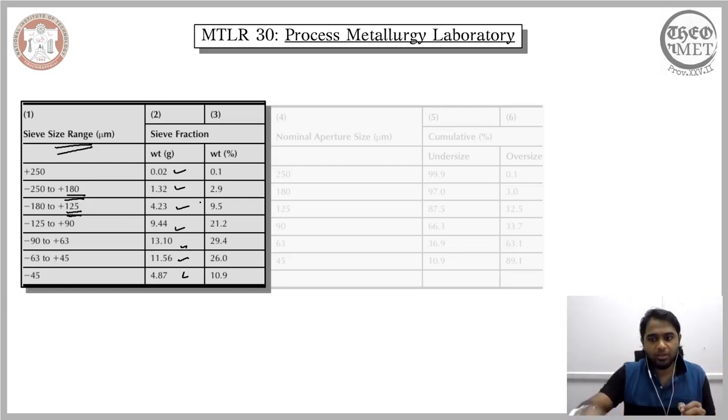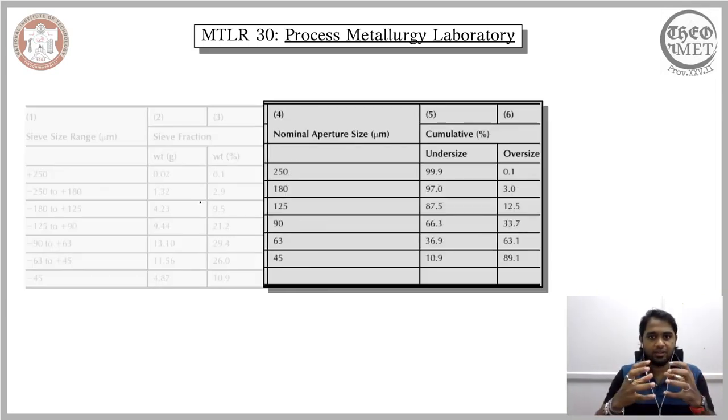Another way of doing it is, instead of considering the size range of possible fragments in a mixture, we could consider directly the size of the aperture alone, and then we can say what is the percentage of the particles that are held by each of these sieves.